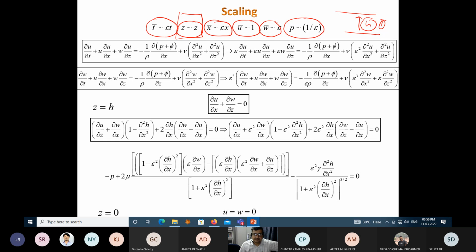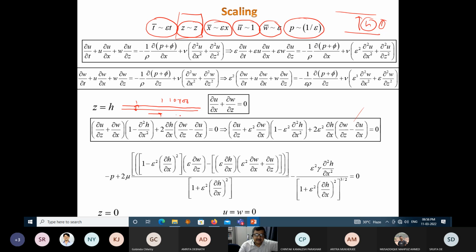Now suppose the film thickness is my 1, then what is x? If z remains to be my benchmark, then x compared to that is large or small? In a thin film situation, it's a very thin film, right? So if you say this to be 1, then how much is x? 1, 10, 100, 1000?